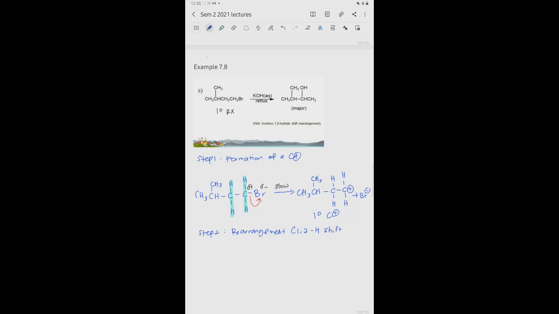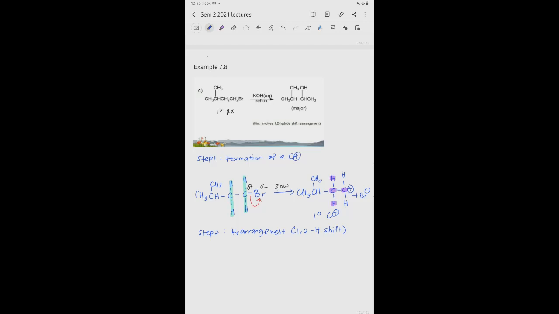So we refer to the carbocation, and we can see here this carbocation is a primary carbocation, which has an adjacent carbon that has 2 H. So the adjacent carbon of the carbocation has 2 H, which can be used to make the 1,2 hydride shift rearrangement to form a more stable carbocation.